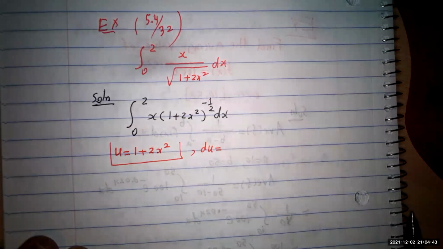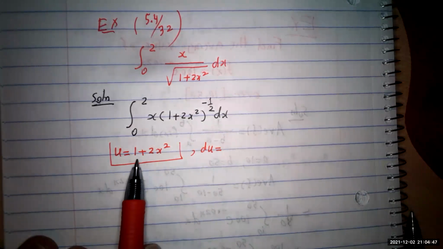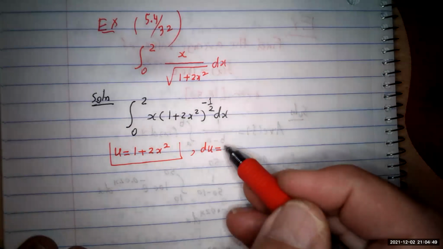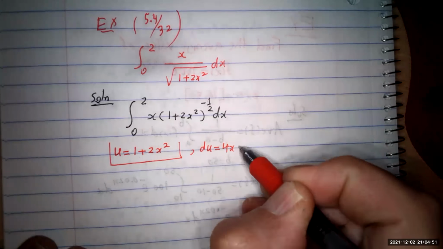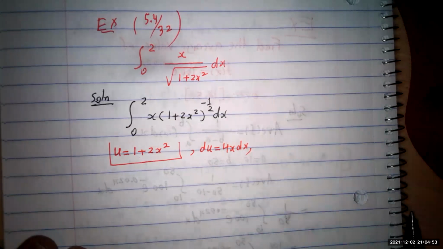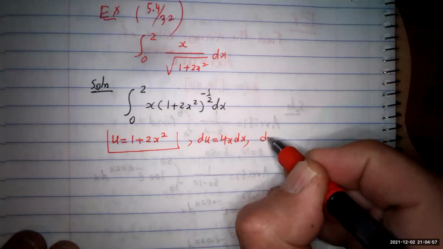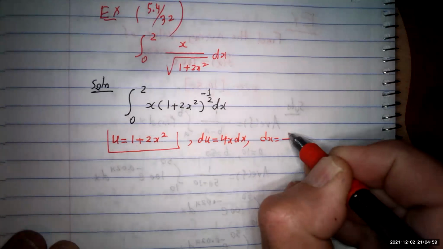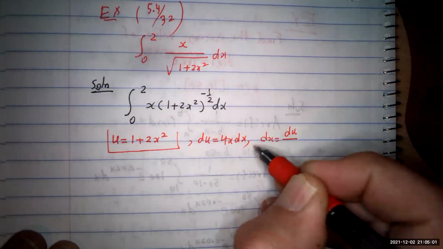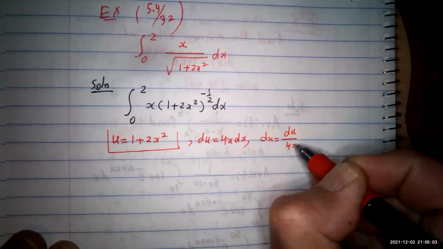Differentiate. The derivative of 1 is 0, so that gives you 4x dx. Then we have to find the dx. So dx is equal to du over 4x.